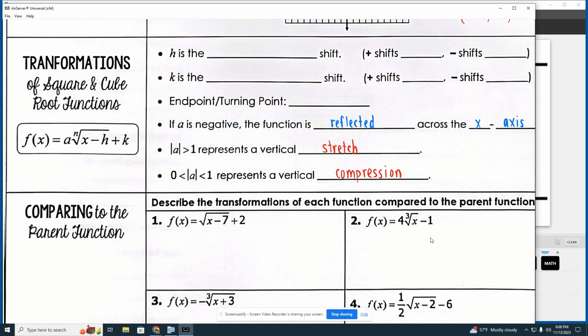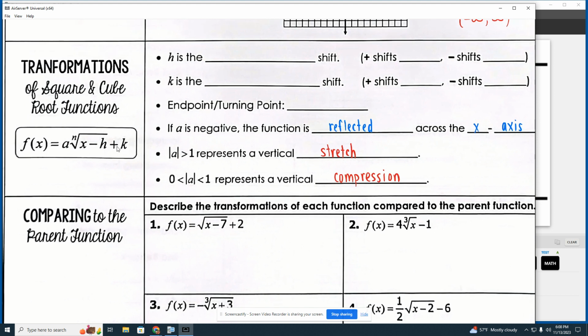Okay? Now, remember the stuff that happens on the inside always represents horizontal change. If it's being added or subtracted, it's horizontal shift. And hopefully, guys, remember that on the inside, it works the opposite. So if H is positive, well, let's start here.